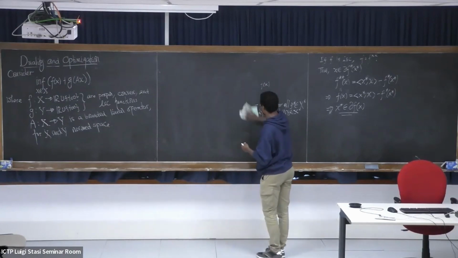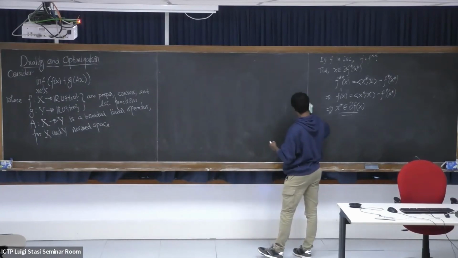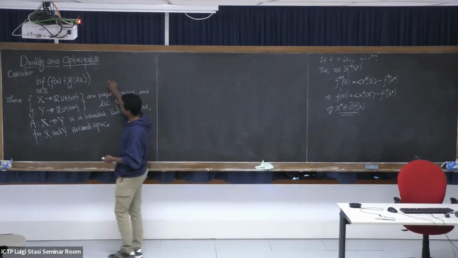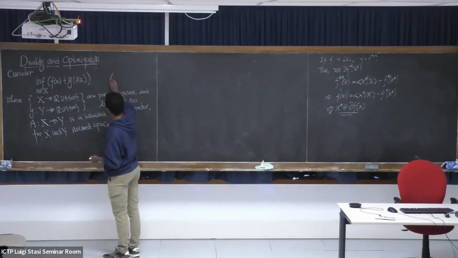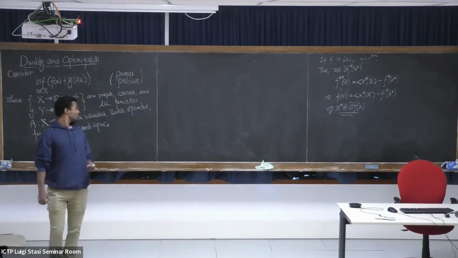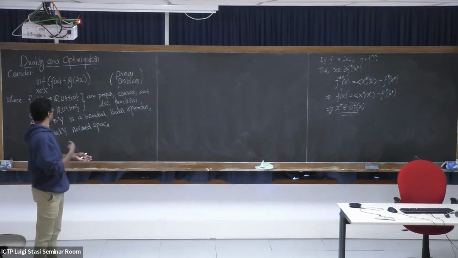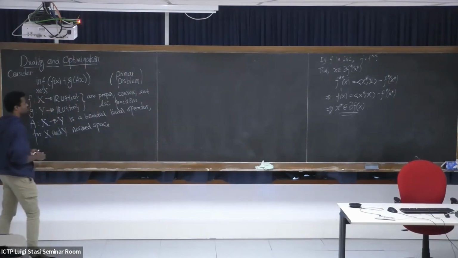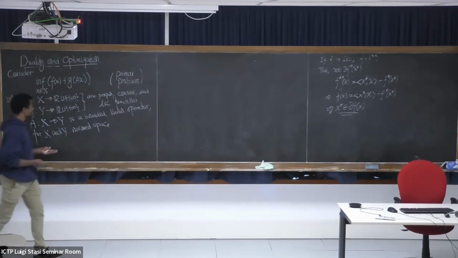We are going to have two problems. This is our primal problem. And we are going to develop the dual problem, so that we'll see when these two problems have the same optimal value.